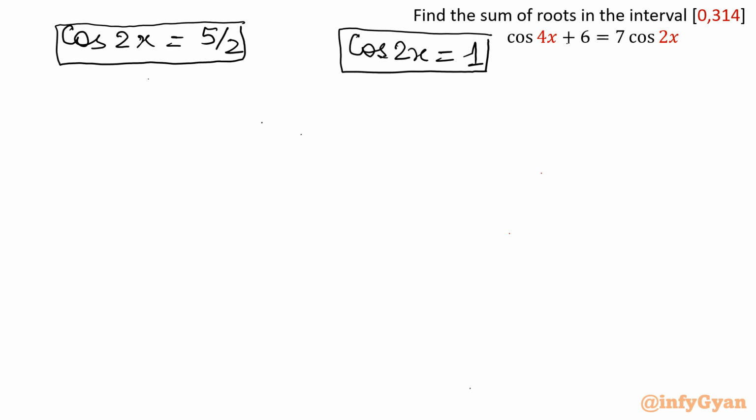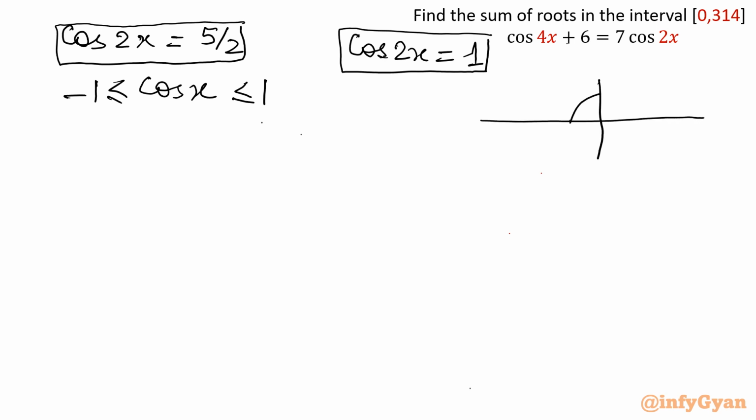As we know, cosine x is a trigonometric function which lies between minus 1 and 1. You can understand from its graph also.